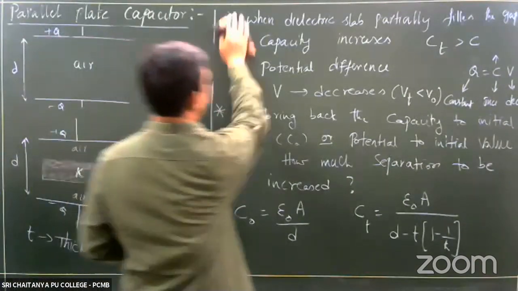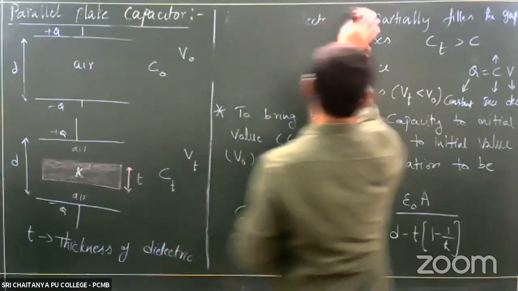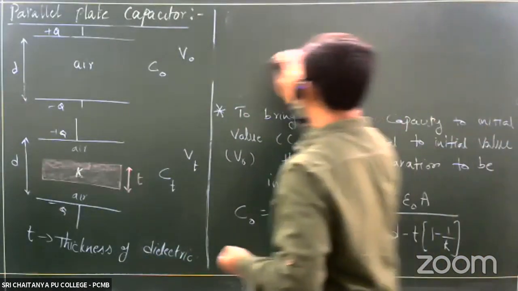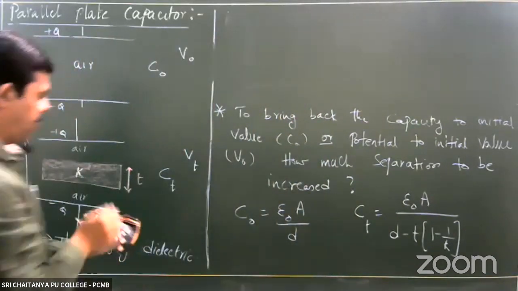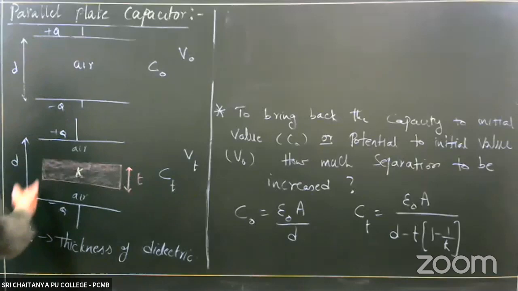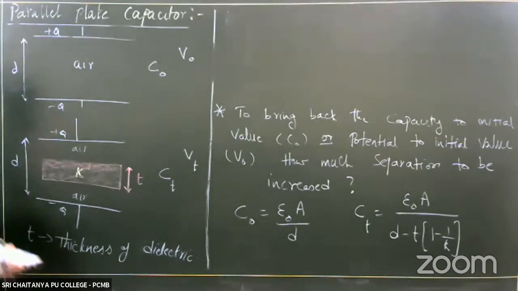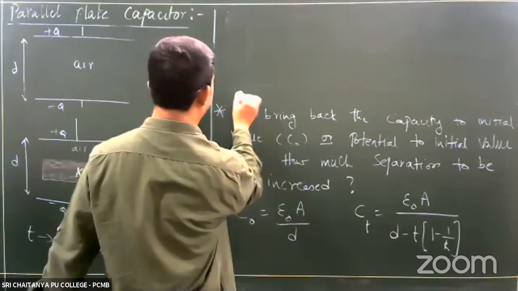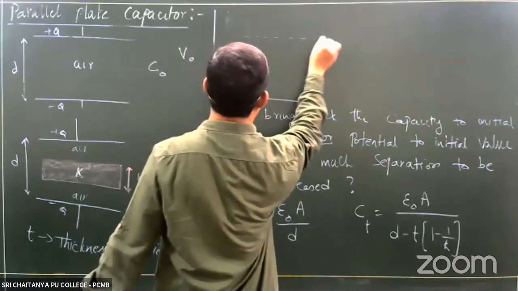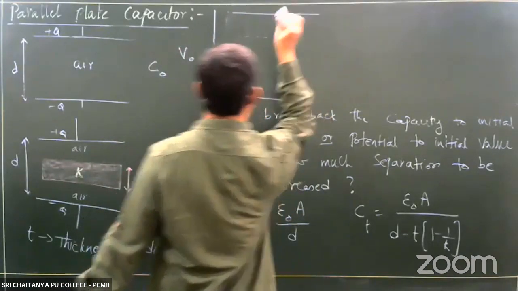See, I am rubbing this. Here what we are doing, initially there is a separation D, then we are increasing the separation. Up to here D, then I increased the separation.